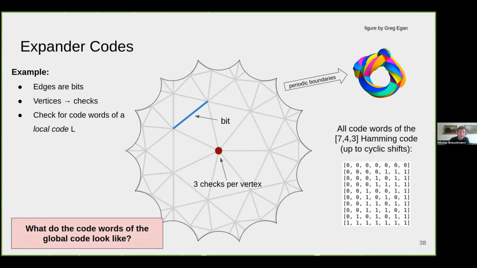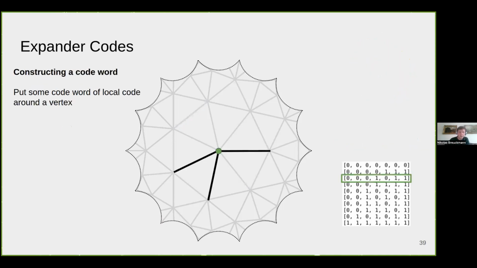So now what I want to show you is what the code words of this large code look like. In order to do so, let's construct a non-zero code word. Let's put a code word of the local code around the vertex. So let's take this one. Here I took 0, 0, 0. Then here 1, I make a thick line, 0, and then 1, 1.